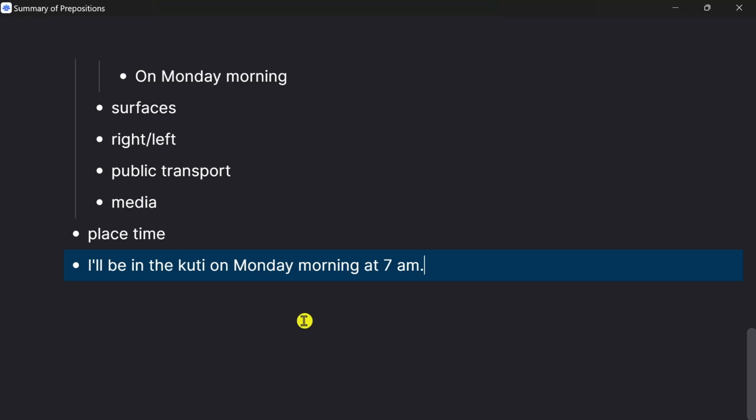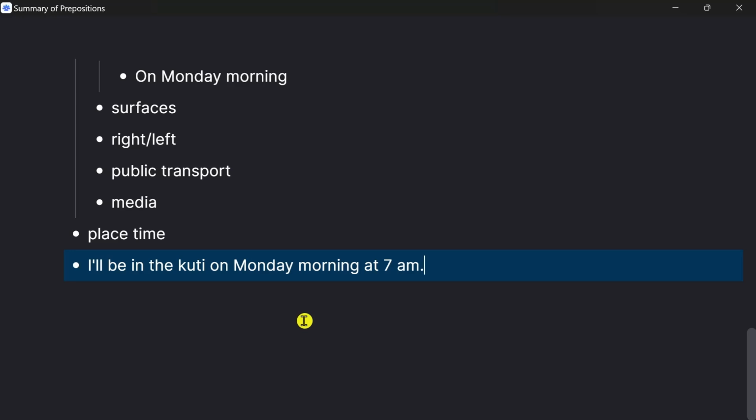I'll be Monday morning at 7, I'll be in the kuti. But I wouldn't put "in the kuti" later. Don't say "I'll be on Monday morning in the kuti", because "be" and "in the kuti" have to go together, you see? Unless you bring "on Monday morning" first, with a comma.